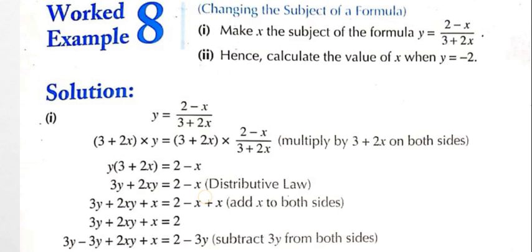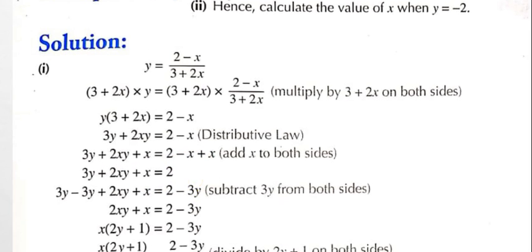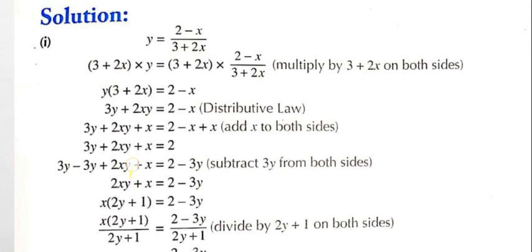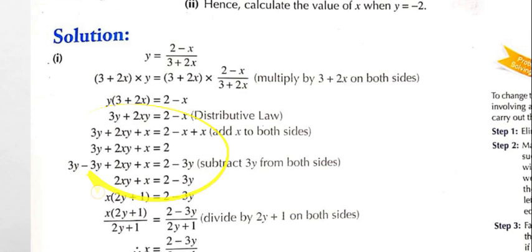Using my method, I just move, instead of adding to both sides or subtracting from both sides. So you can compare my method with the textbook method, which is given right in front of you. So minus x, I'm going to move to the left side, becoming positive x.